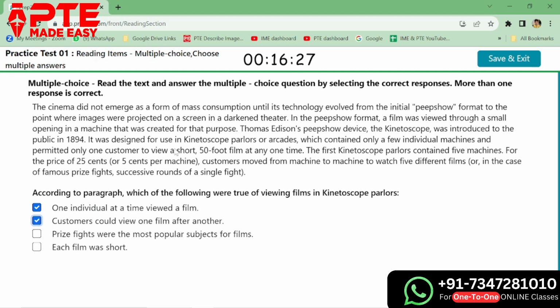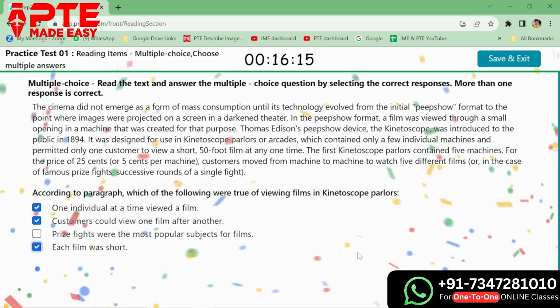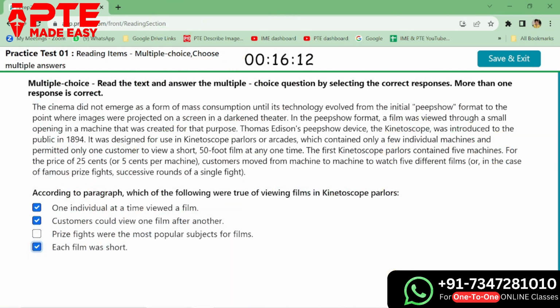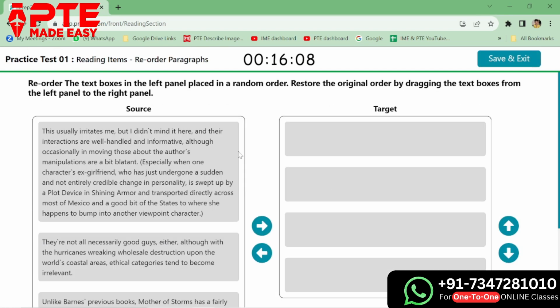Few individual machines, to view a shot. At times we are not able to identify it, but they clearly mentioned here to view a short 50-foot film at one time. We did not notice it earlier, but I believe this is the answer. So let's proceed further. Do not waste more time on this particular question type.